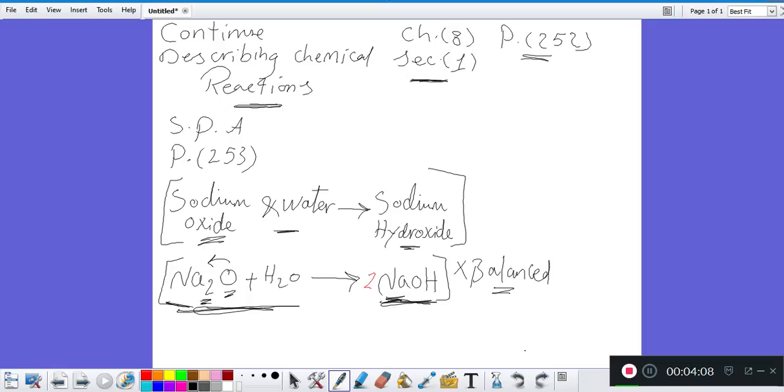After adding that 2 here, it means that we have 2 sodium atoms, 2 oxygen atoms, and 2 hydrogen atoms. Let's go to the reactant. Yes, we got 2 sodium atoms, 2 hydrogen atoms, and 2 oxygen atoms. Well, in that case the equation is balanced, and we can say that such a chemical reaction is going to be written like that: Na2O, sodium oxide, plus water is going to give you 2 NaOH, which is sodium hydroxide, and the equation in that case is balanced.